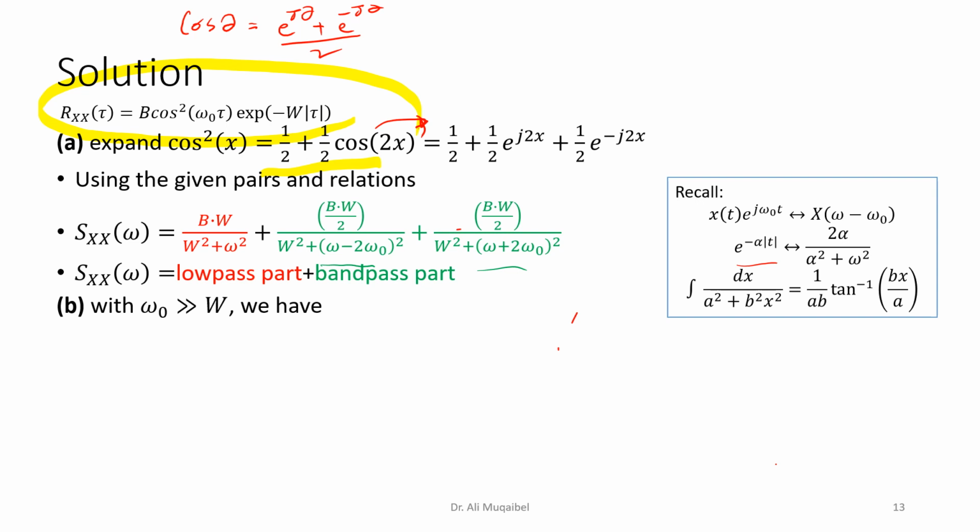Of course, we have to assume that omega naught is much greater than W, and this is given in the question. Otherwise, these three parts are going to overlap with each other. So we can call this the low pass part of the signal, the red part, while the other parts are the band pass part of the signal.